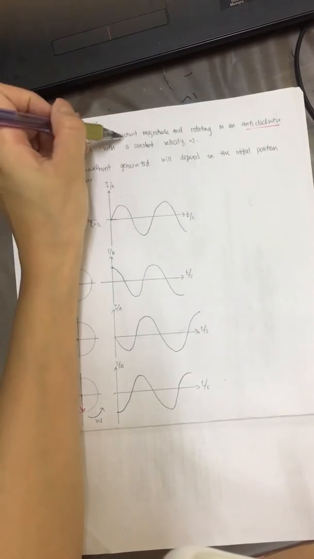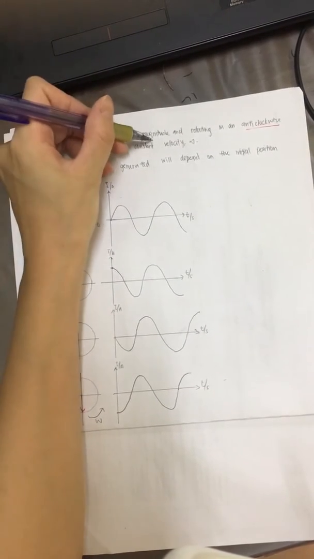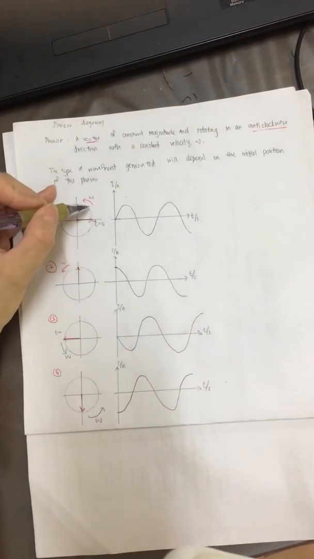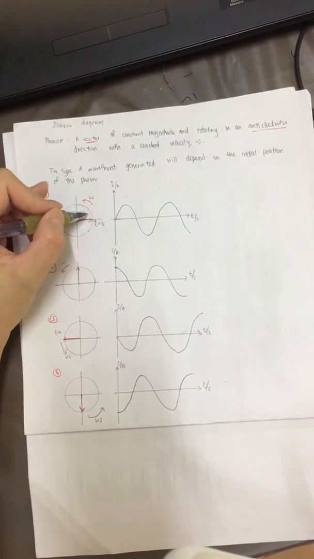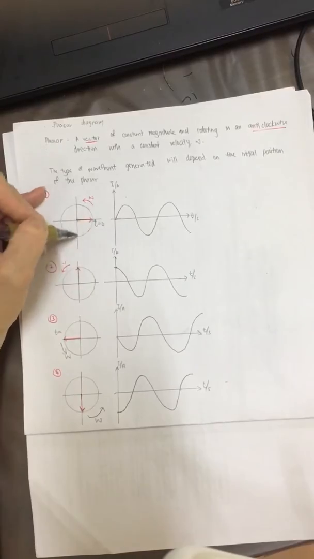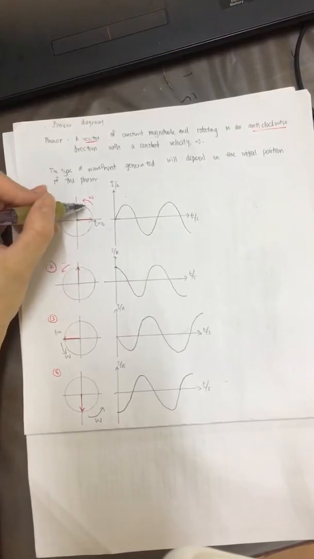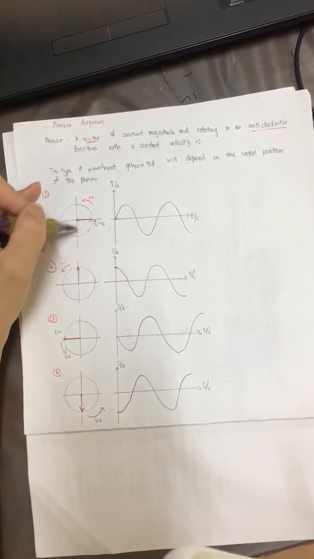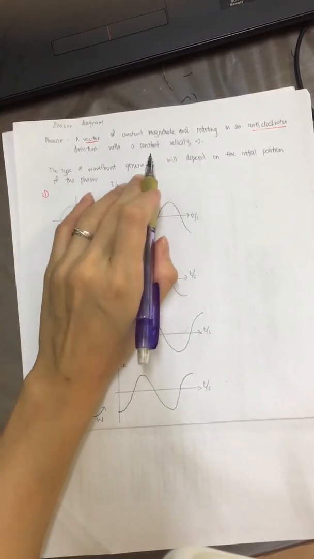So the constant magnitude, and it rotates anti-clockwise. This means your phasor diagram is rotating in this direction. It will rotate in the anti-clockwise direction with a constant velocity.